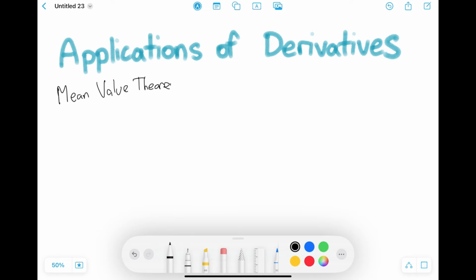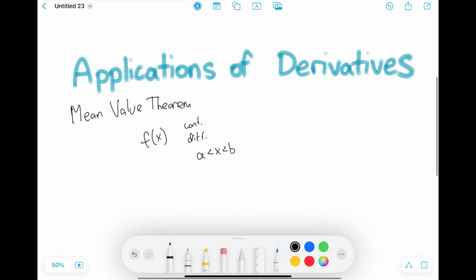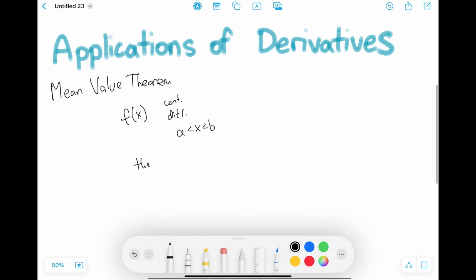This one is slightly less intuitive, but what it states is that if f of x is continuous and differentiable on the range a is less than x is less than b, there exists some value c such that a is less than c is less than b, such that f prime of c is equal to f of b minus f of a over b minus a.